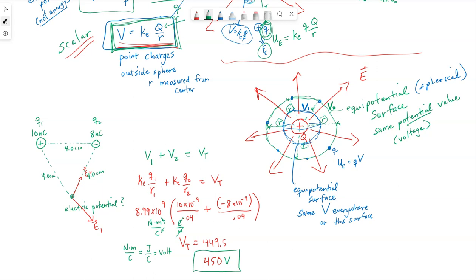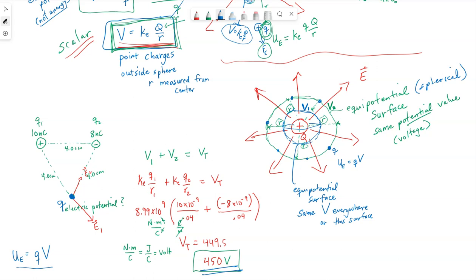So this location right here, there's nothing there. There's no charge there. This is just describing this particular location. If we wanted to place a charge there, we could totally now find the energy it has and multiply by this voltage to figure out how much energy a charge here would have if we put a charge there.